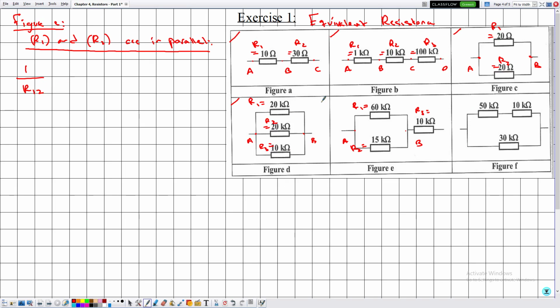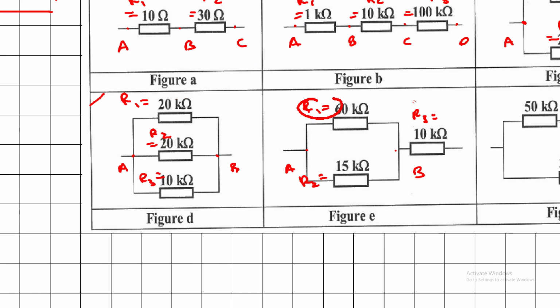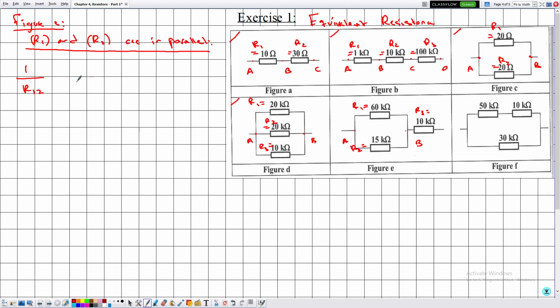R12 is the equivalent resistance only replacing R1 and R2 and not the final equivalent resistance, which is given by 1 over R1 plus 1 over R2, which is equal to 1 over 60 plus 1 over 15. Now plugging this expression on the calculator, we have that it's given by 1 over 12.